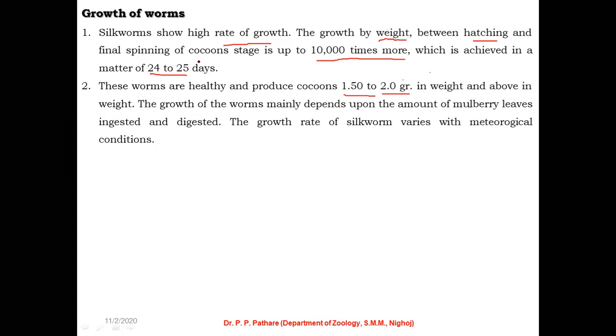Fully developed, fully healthy worms are able to produce 1.50 grams to more than 2 grams of cocoon.